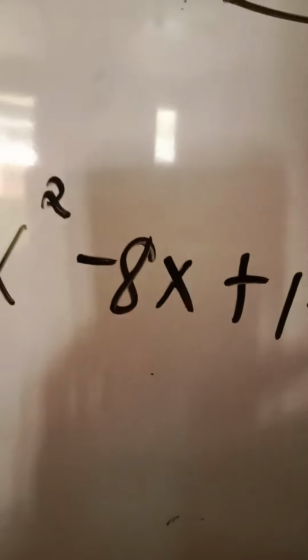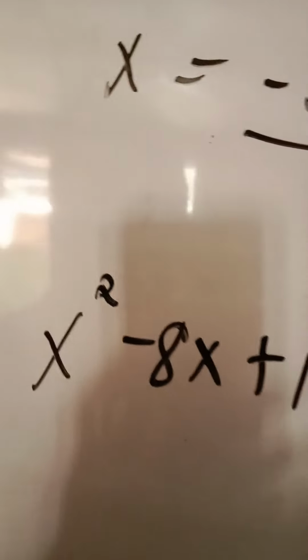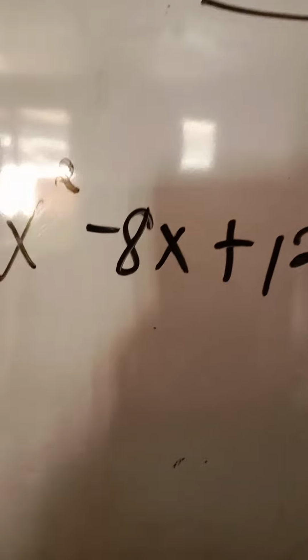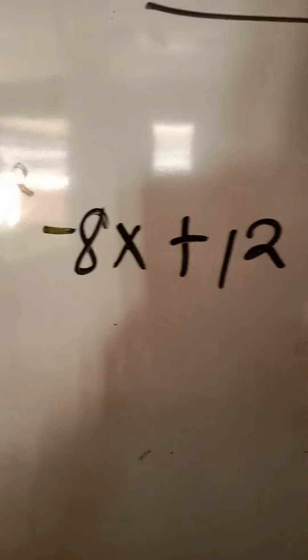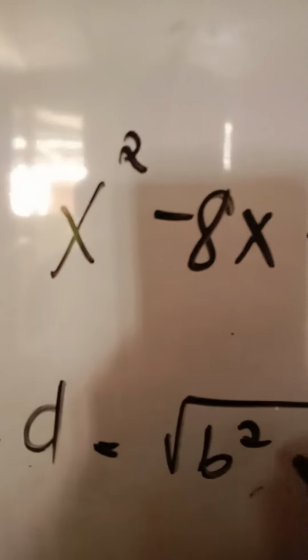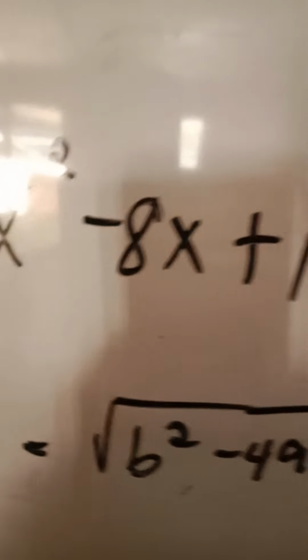Use the discriminant of the quadratic formula to test if the equation is factorable. So D is equal to the square root of b squared minus 4ac.